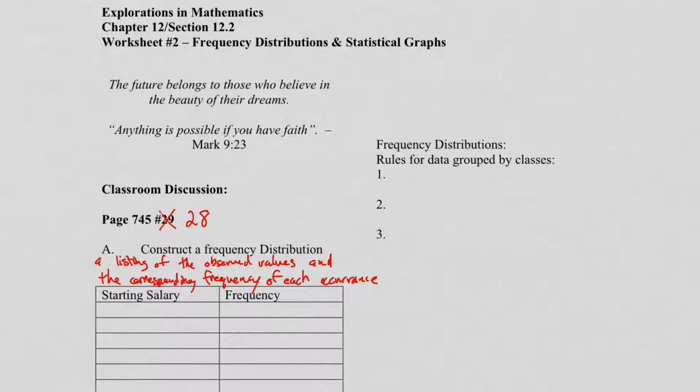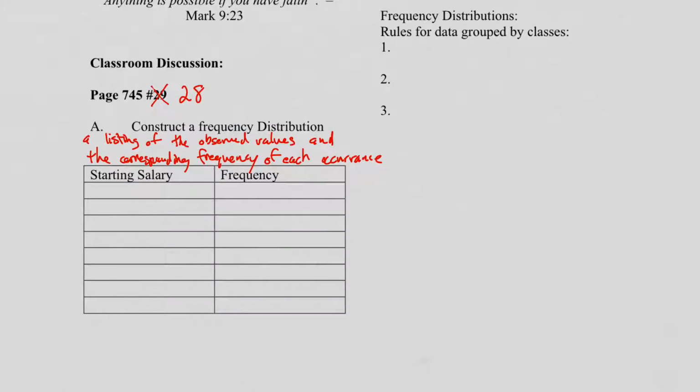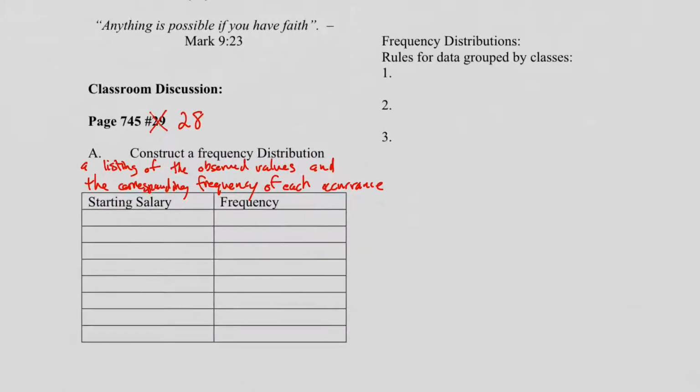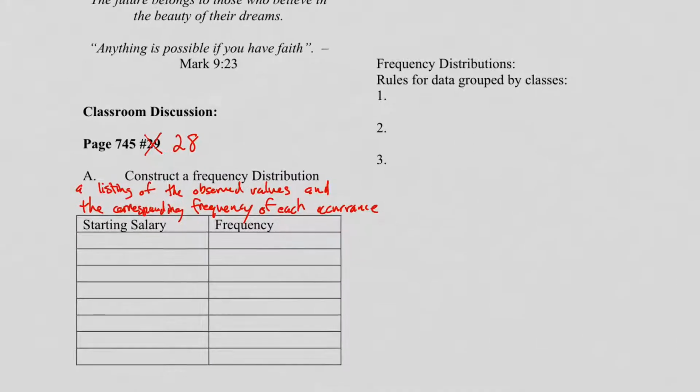Before we actually write the information in here, I want to go over a couple of rules that we're going to use for organizing the data. You can get these rules on page 735.